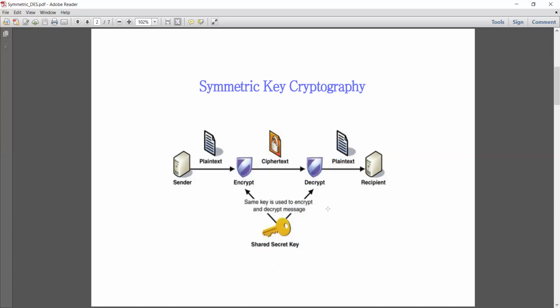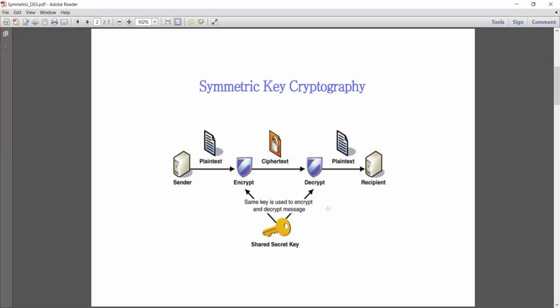Now, when the message is received by the recipient and the recipient wants to read it, he or she has to decrypt that message to get back the plain text using a key which is also called the secret key. The point is, this key and the key that was used for encryption in the previous case are both the same. So the name symmetric.